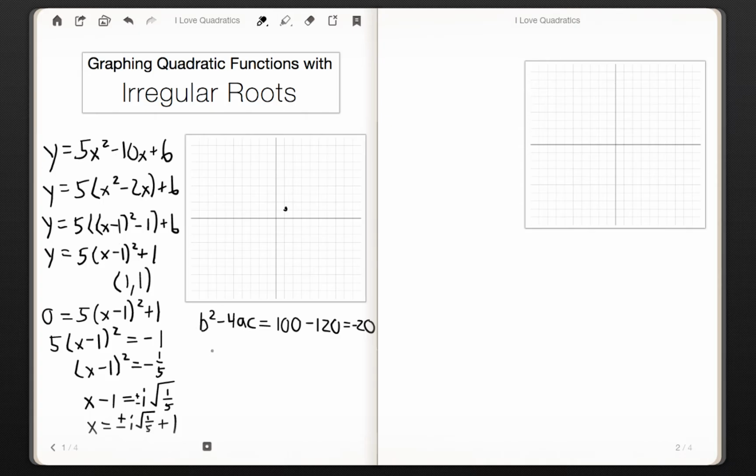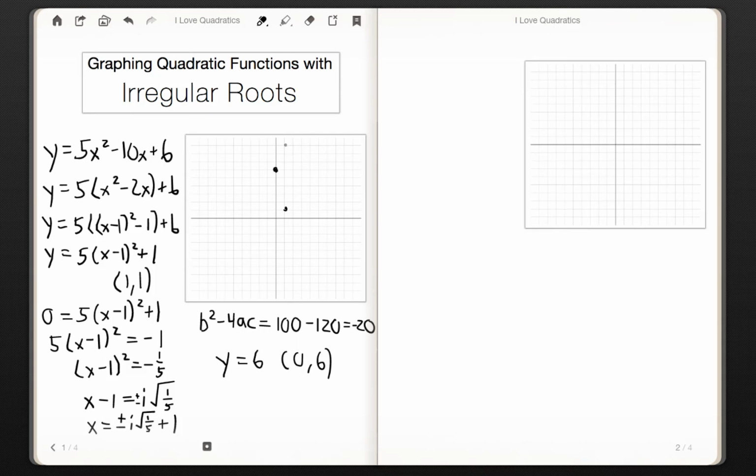So if x equals 0, y will equal 5 times 0 squared, that's 0, minus 10 times 0, that's 0, plus 6. So y is just going to be equal to 6. If x equals 0, y equals 6. That's the y-intercept.